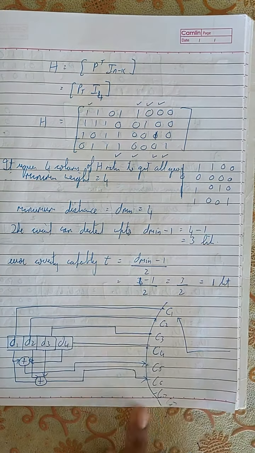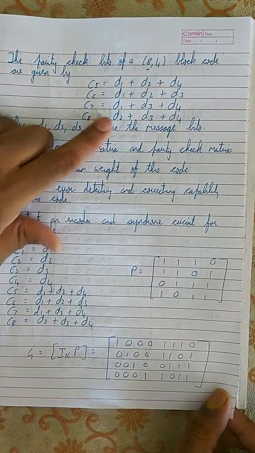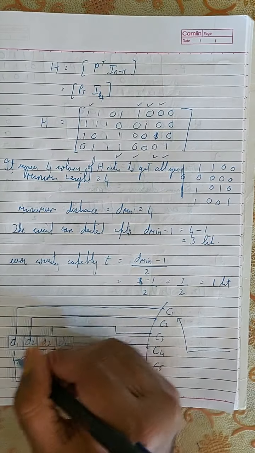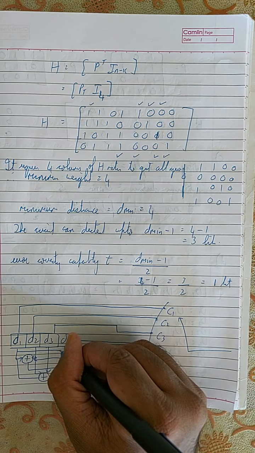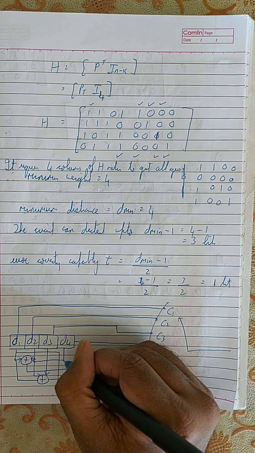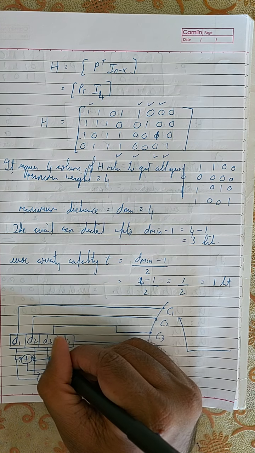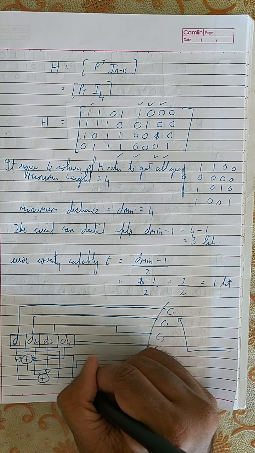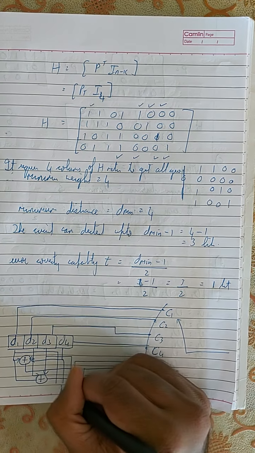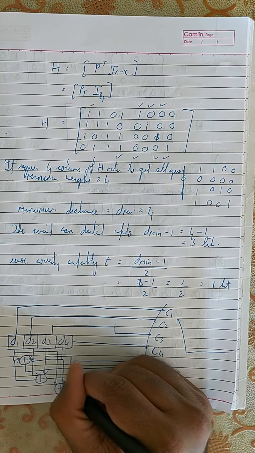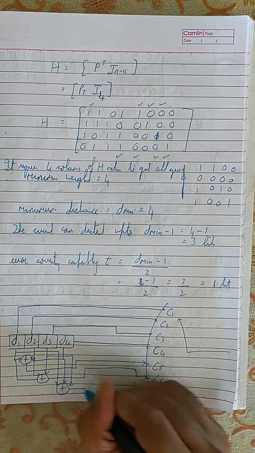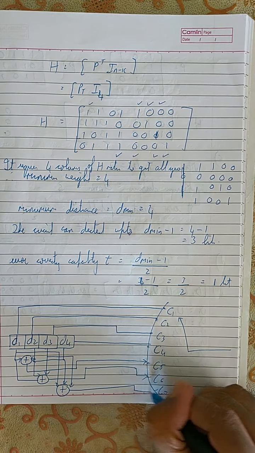It's over here, okay. And what about C7? It is D1, D3, D4. I'm going to take D1, I'm going to take D3, and I'm going to take D4 and give them all to an XOR gate. This is the equation for C7.